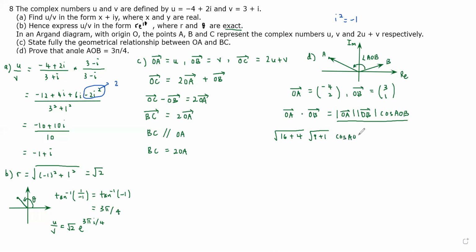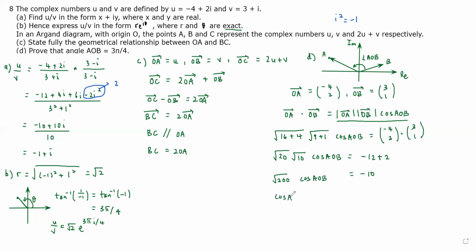The dot product of (-4, 2) and (3, 1) gives square root of 20 times square root of 10 times cosine of AOB. So this is -12 + 2, which gives us -10. That gives us square root of 200 cosine of AOB.